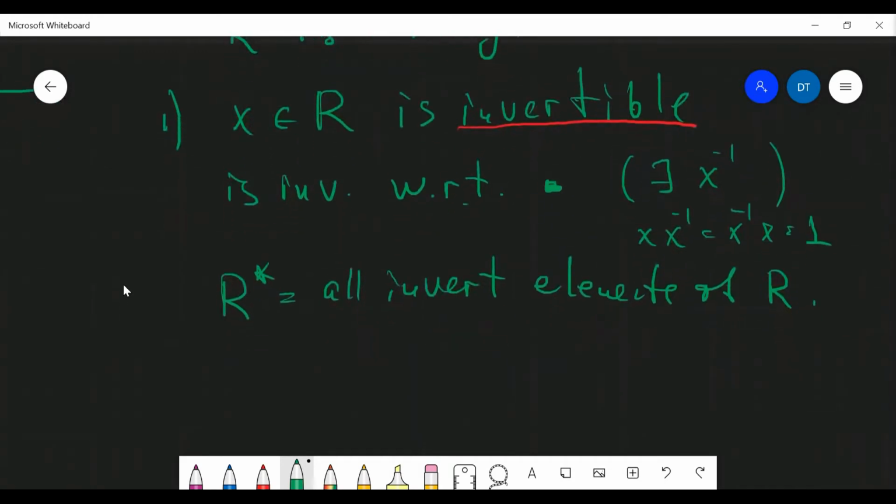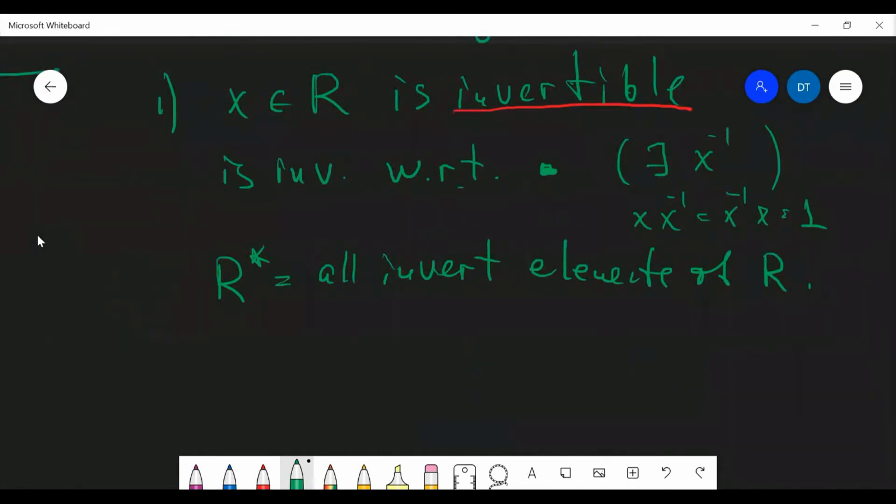Just in case, the set of all invertible elements with the operation of multiplication is a group. One may check that if we exclude non-invertible elements from the ring and we exclude the addition, then we will have a group, not necessarily an abelian group, but a group, because by definition every element here is invertible with respect to multiplication.